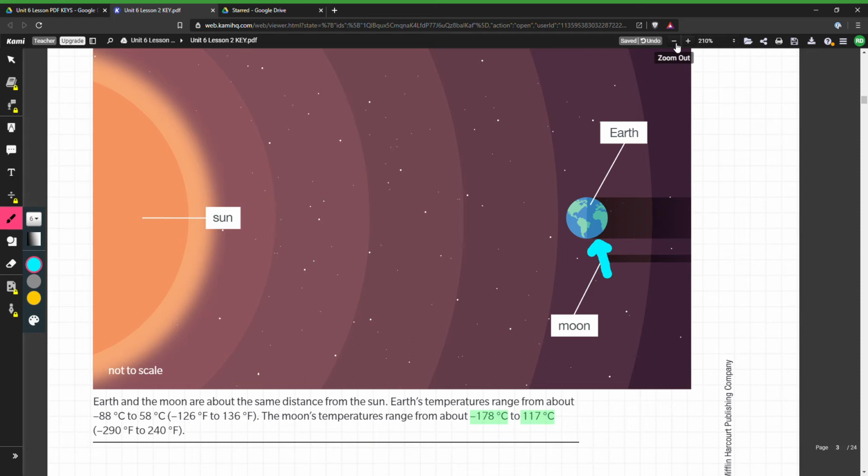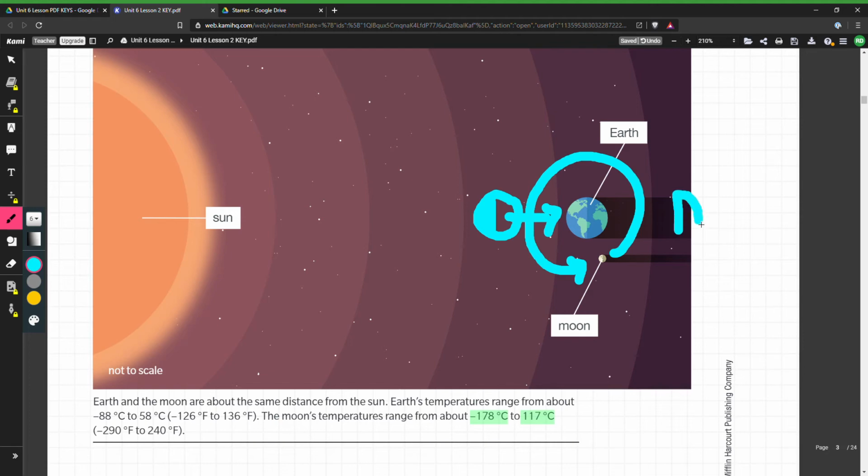It kind of rotates relative to the sun, but only every month, because it's spinning around like this. So the moon would be over here, one side would be lit, and then it'd have to spin all the way around, right? And this side would always be facing. So when it was over here, it would be like this, right?